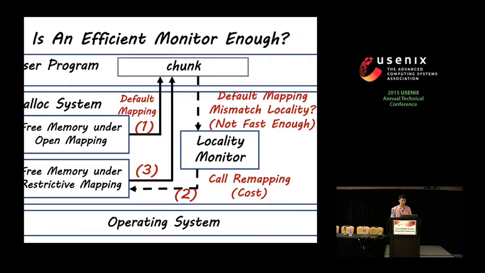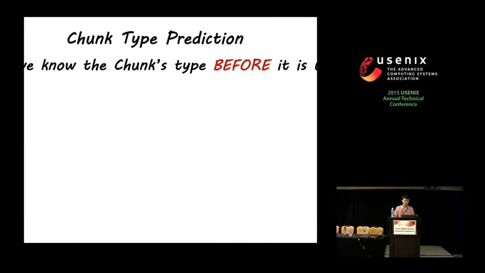The second problem is that the remapping is not free, as it needs to copy data between pages. So if the Malloc system frequently remaps data, the overhead may outweigh the remapping benefits. So to avoid the remapping, we need to know the chunk's type before it is used.